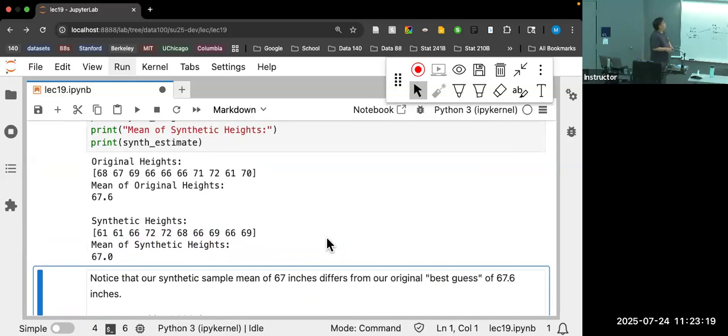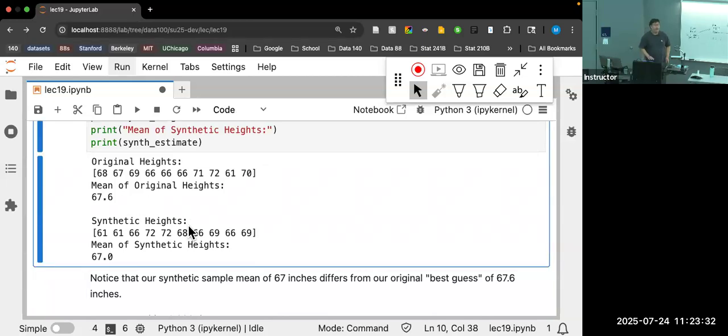Okay. So here, we see this is the data for my original sample of 10. So the average height is 67.6 for that sample. And now I'm making one bootstrap sample, these synthetic 10 numbers. And you see that because in the original sample, you have so many 66s, you also have more 66s in your bootstrap sample.